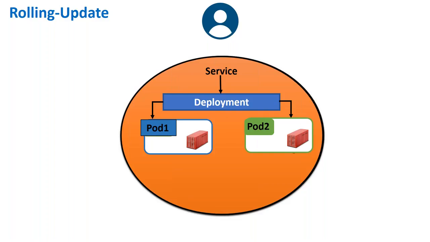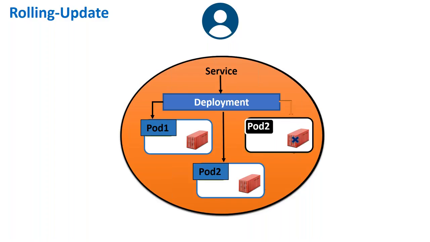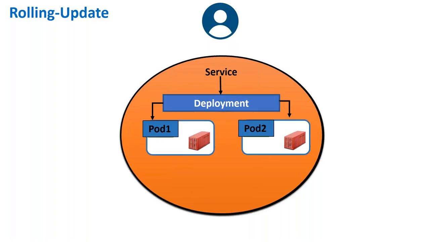So it will take them one by one and replace the replicas with new replicas, where the new replica will be based on the image or the spec of the object which you have applied. Once this new pod comes up, the old pod or old replica will be replaced. Okay, so when you still access the service, you will be able to access it.